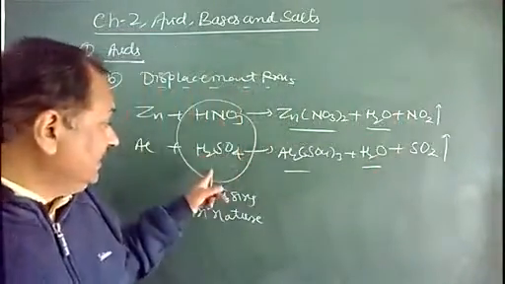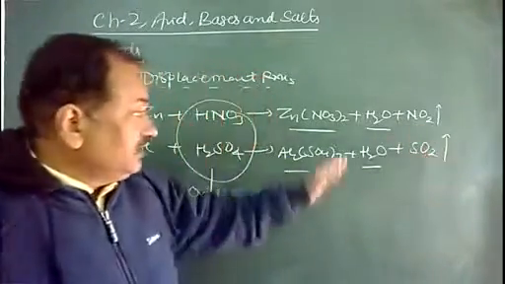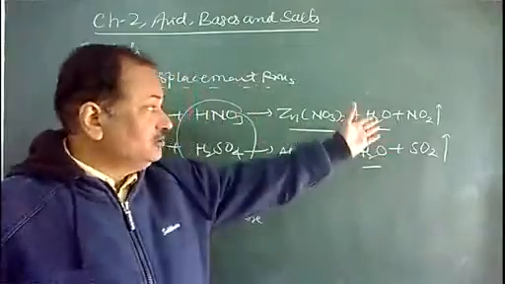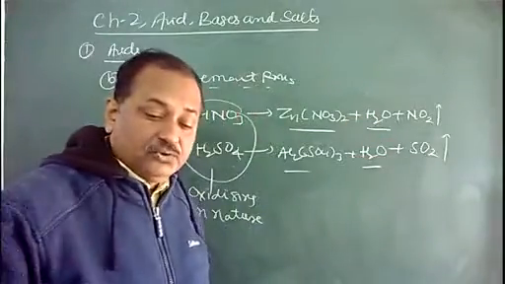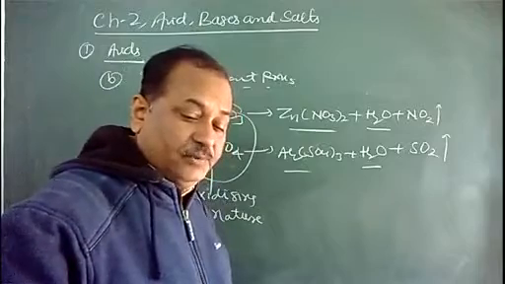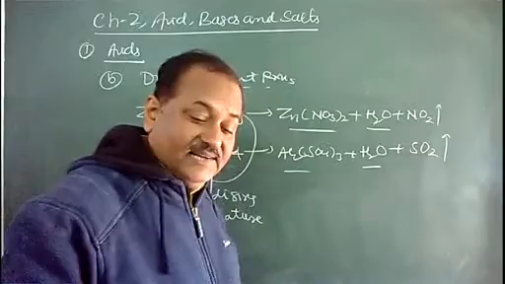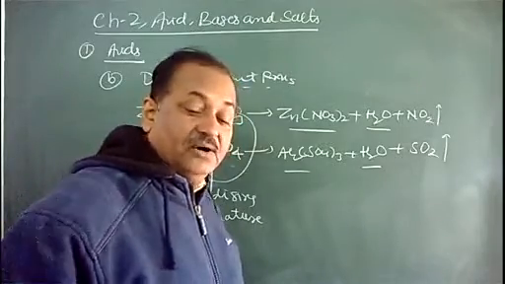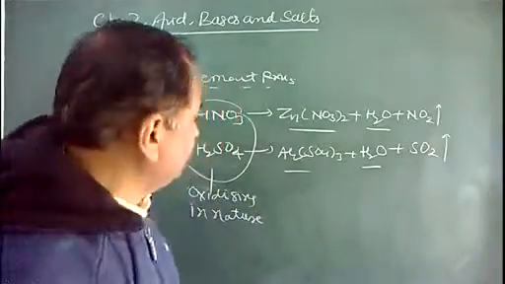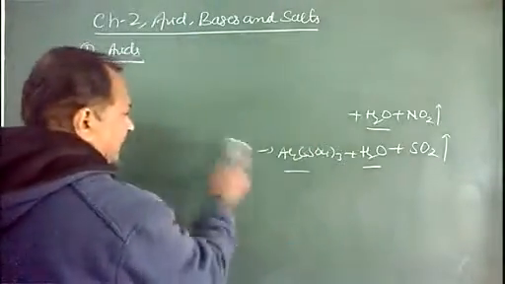This happens with HNO3 and sulfuric acid, and they are able to lose the hydrogen, and so there is formation of NO2 and SO2. And children, it is very important to note that nitric and sulfuric acid oxidize others and they themselves are reduced. So this, children, is about the acids.